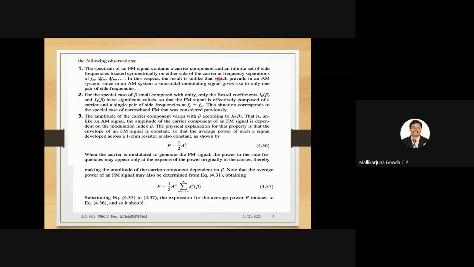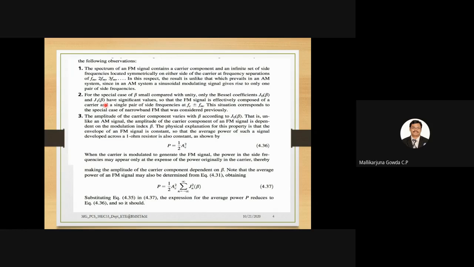The second point: when beta, the modulation index, is much less than 1, the Bessel coefficients J naught of beta and J1 of beta will have only the significant values compared to any other values of Jn of beta, right?